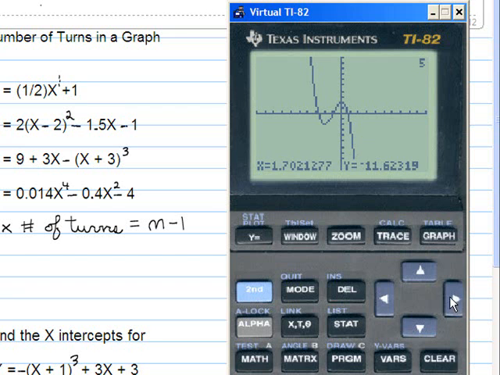There's the little tracing symbol. See it flashing there? So when we first came up, it was right on the y-axis because of the window going from negative 10 to 10. If it had gone from negative 5 to 10, this would not have come up on the y-axis. But it did, so when I hit the trace, I can see right here that x is 0, therefore I've got the y-intercept, y equals 2, so my y-intercept would be (0, 2).